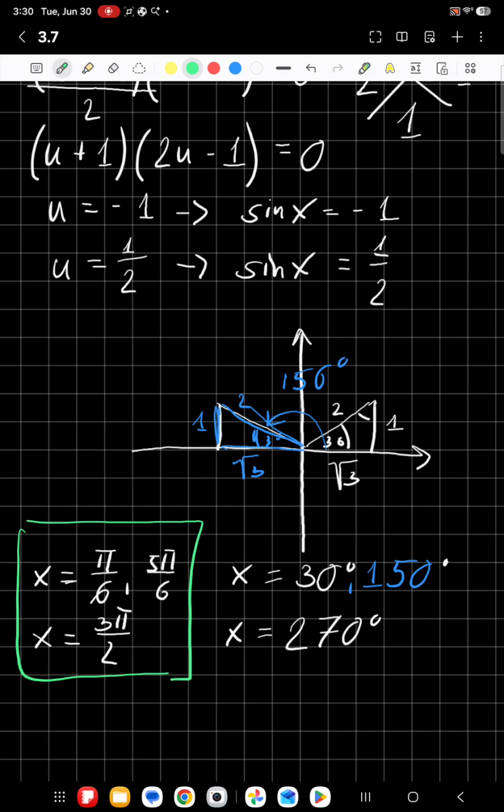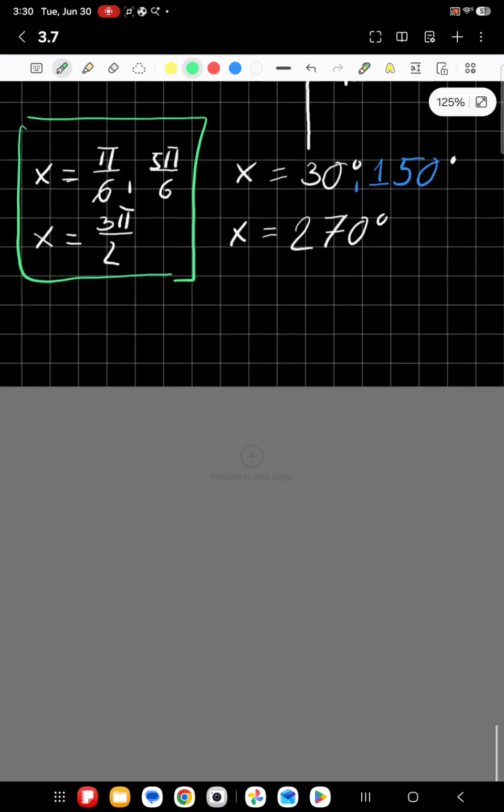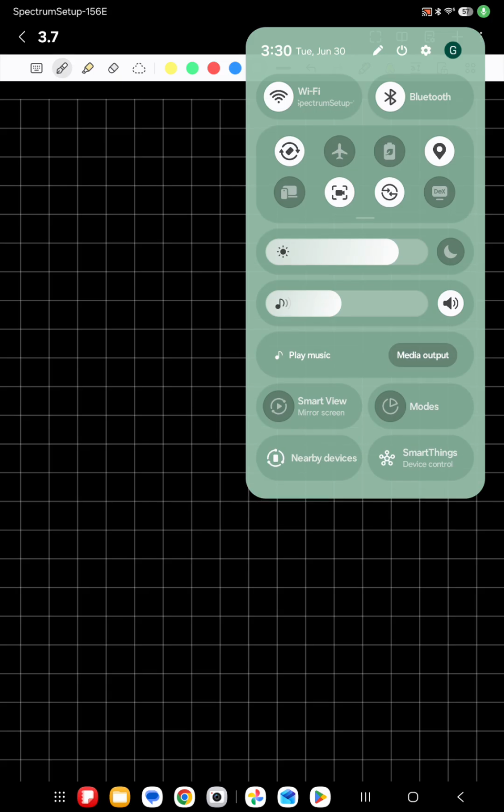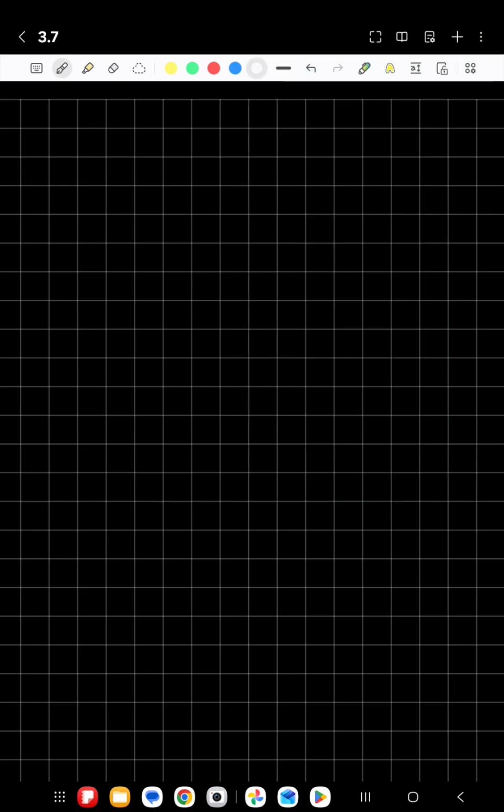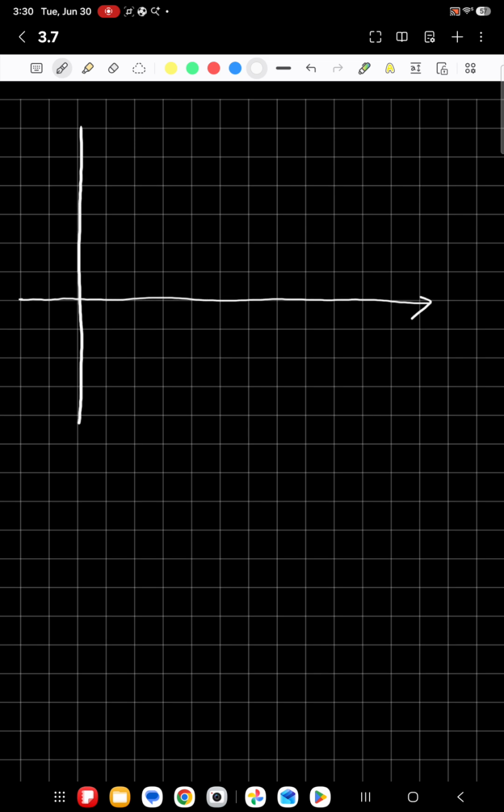It'd be good to see it on the graph, so let me sketch a graph quickly of the situation. I guess I can check it in some device, I'm not sure.